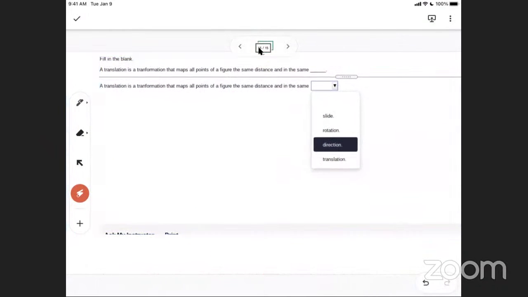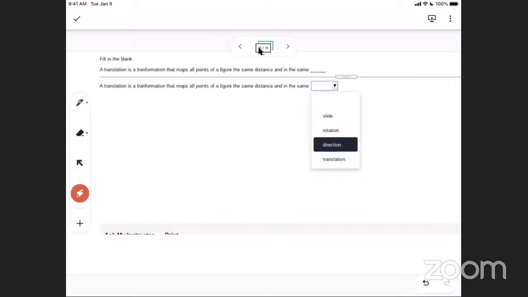And a translation is a transformation that maps all points of a figure the same distance and the same direction.